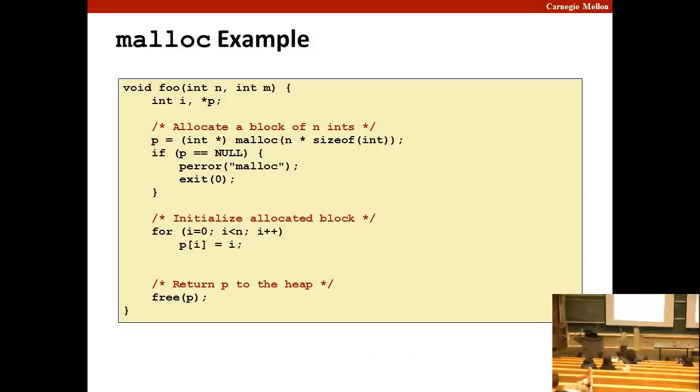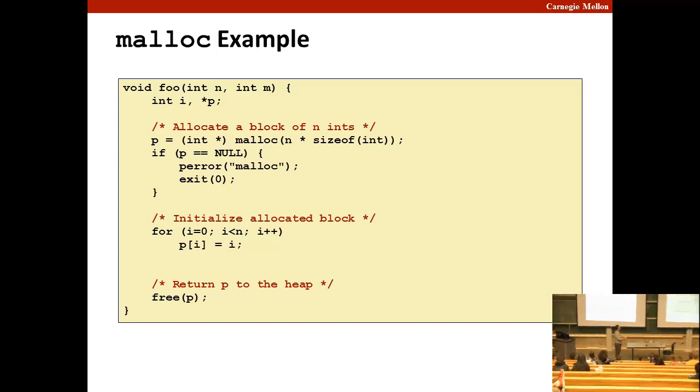Here's a malloc example. You guys know how malloc plays. I don't want to spend a whole lot of time on this. If I want an array of n integers, I ask for n times the size of an int. Malloc itself returns a void star. In this case, I'm casting that as an int star and assigning it to p.